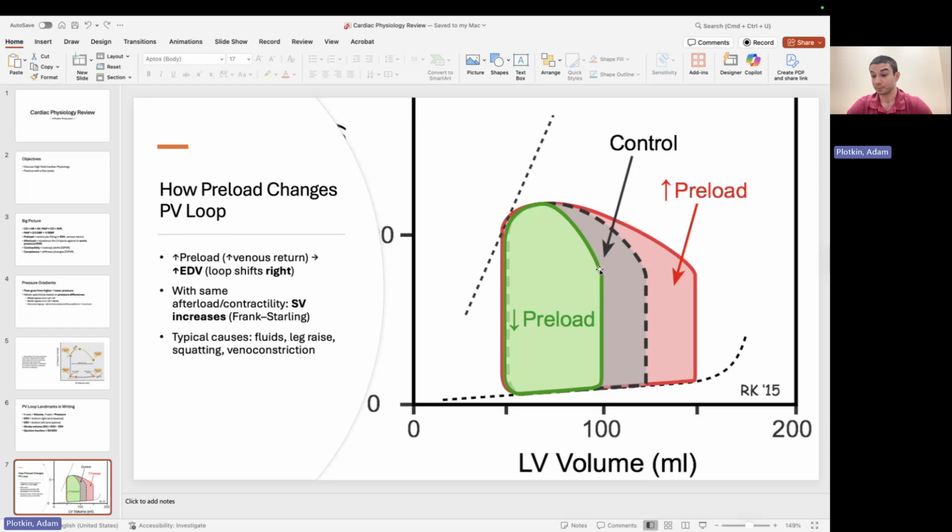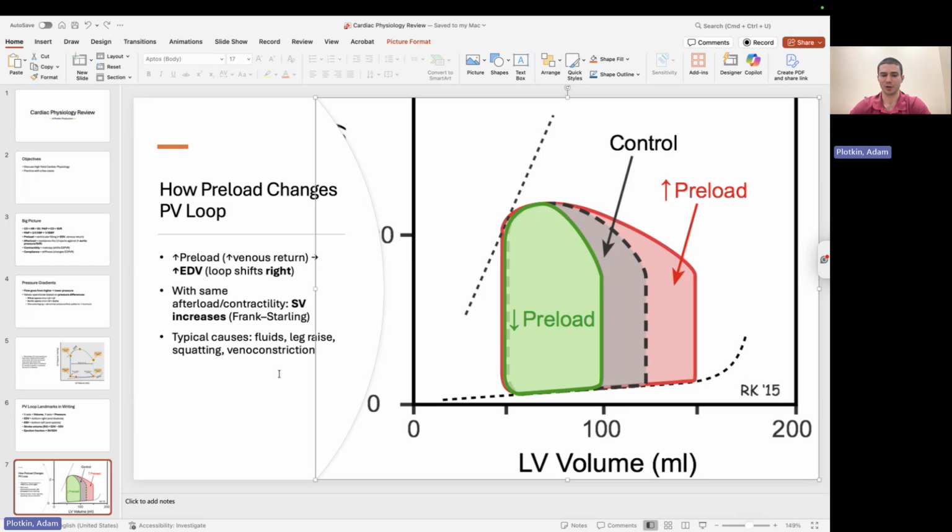Cardiac output equals heart rate times stroke volume. So if the green guy's stroke volume has now been cut in half, his heart rate would have to double. So that's why you can see some patients with failing hearts, their heart rate has to compensate in order to maintain some aspect of the same cardiac output as the patient had before they got sick.